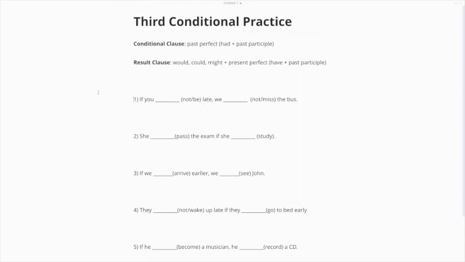Let's start with number one. It starts with the if word. So this means that it's going to start with the conditional clause at the beginning. Because the conditional clause uses the past perfect, we're going to use this information to complete the sentence in the past perfect.